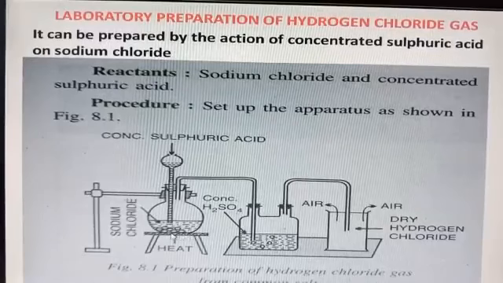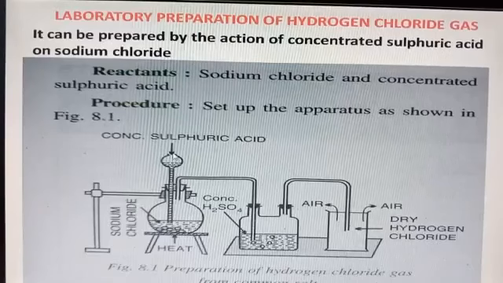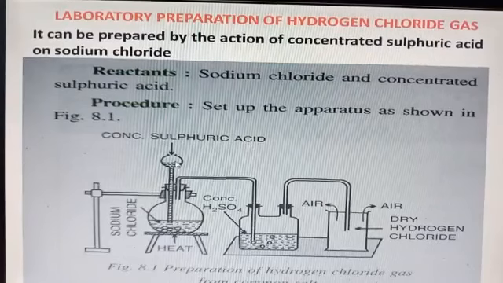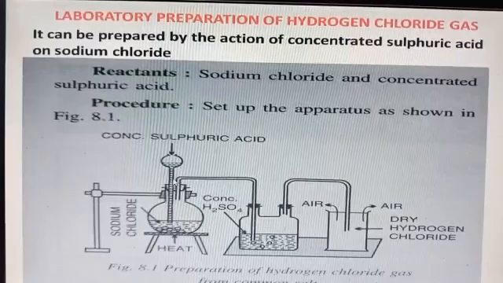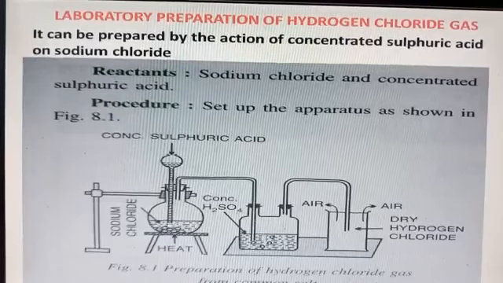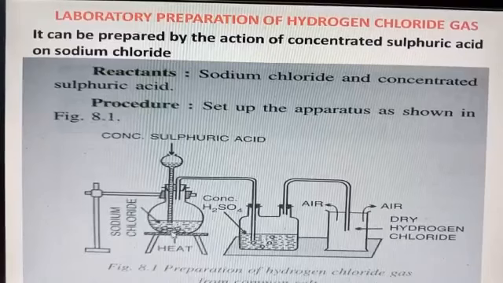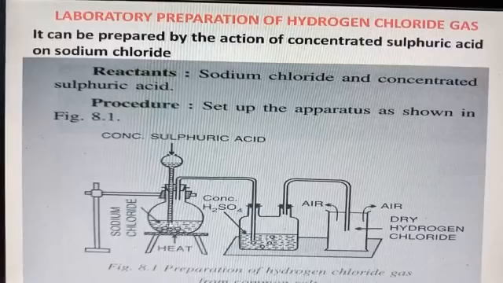First of all, we are taking sodium chloride or table salt in a round bottom flask, and then with the help of this thistle funnel we are putting in concentrated sulfuric acid. Mind you, whenever we are preparing a gas, the lower end of the thistle funnel needs to be immersed inside the liquid, otherwise the gas which we are preparing will escape out from the thistle funnel.